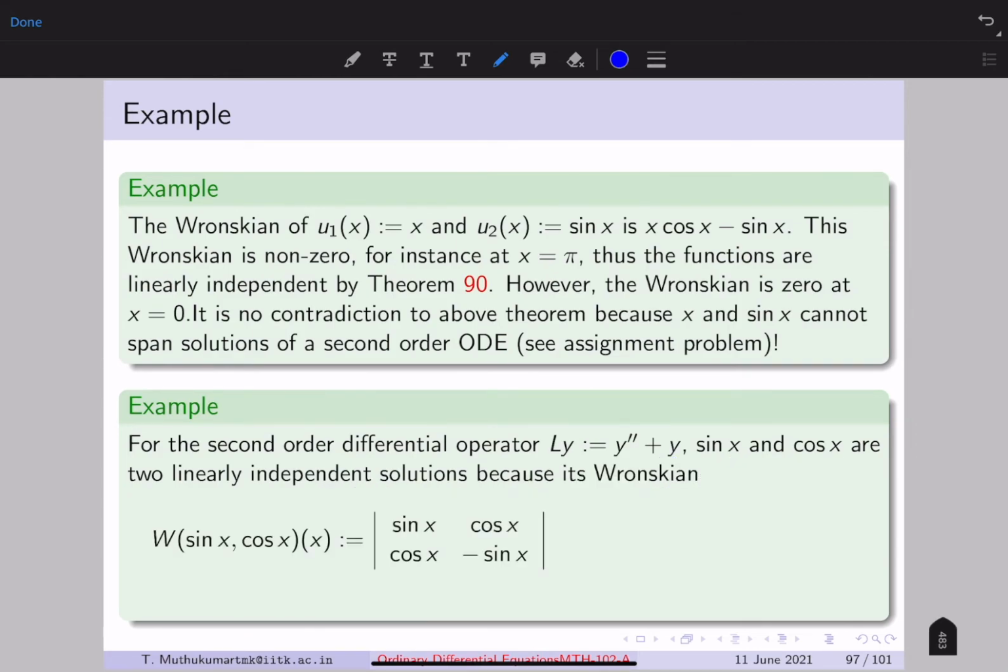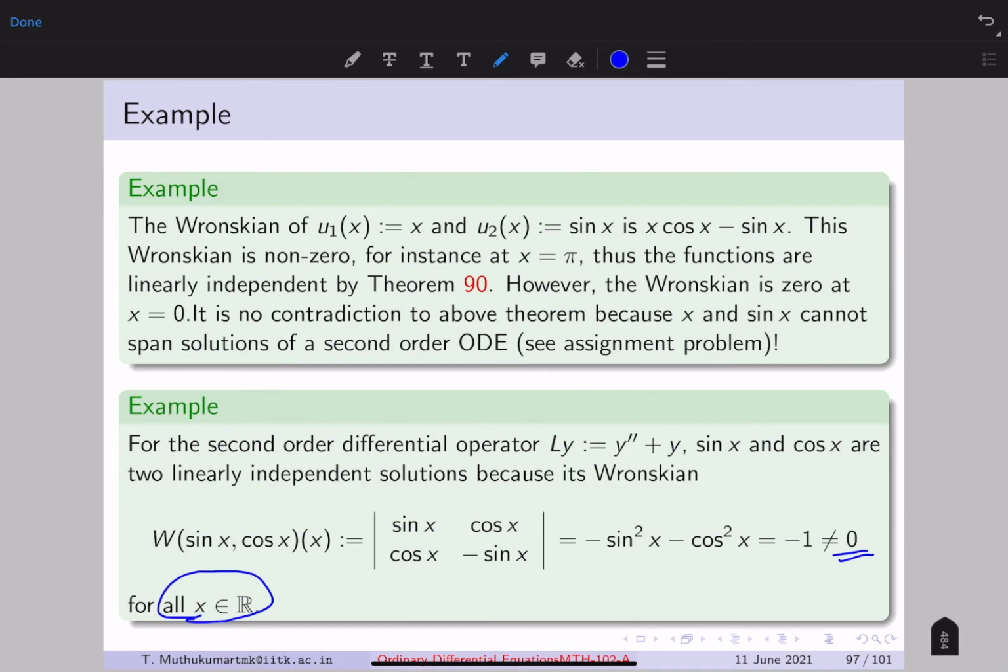Why so? Because if you compute the Wronskian, the determinant of this is minus 1, which is non-zero. So the Wronskian is non-zero for all x in R.